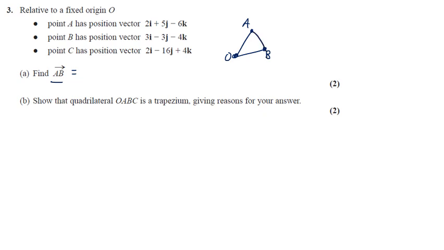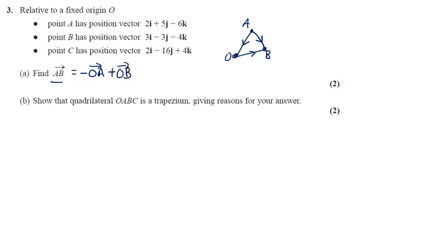If I want to find AB, then I can do that by going A to O, then O to B. So AB is minus OA, then plus OB.